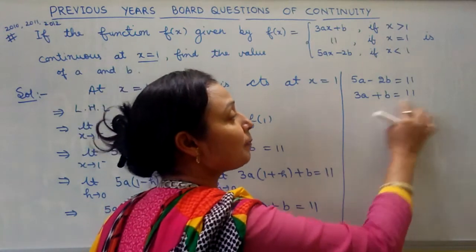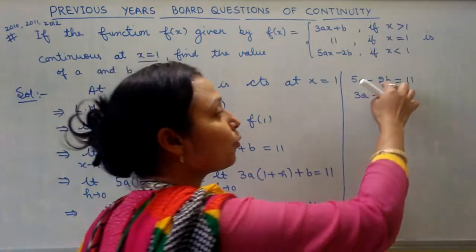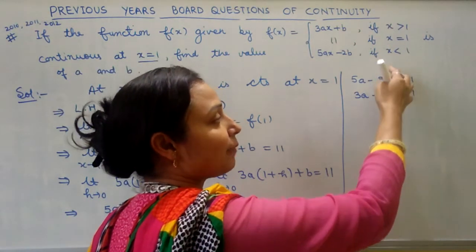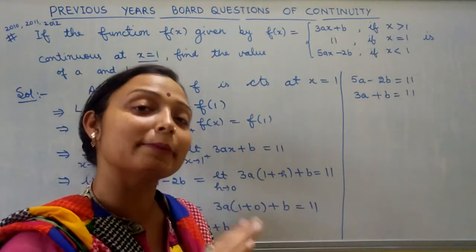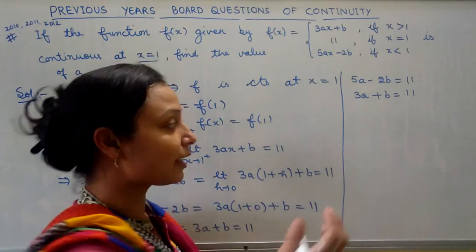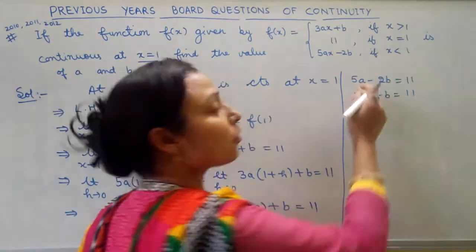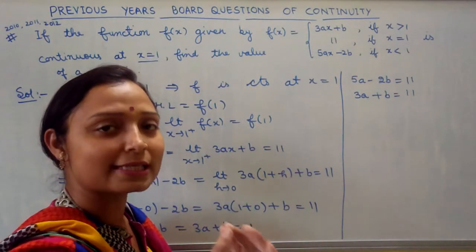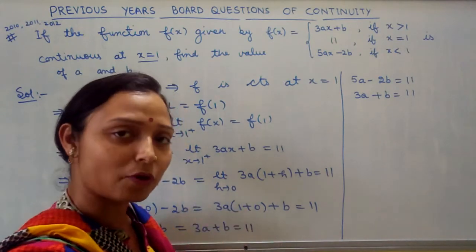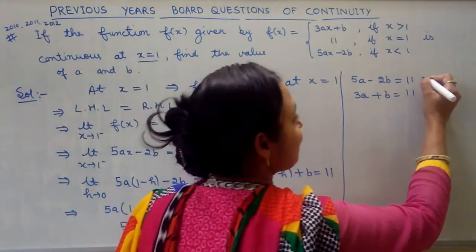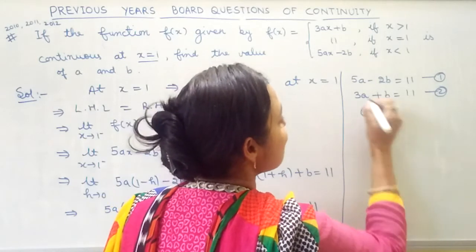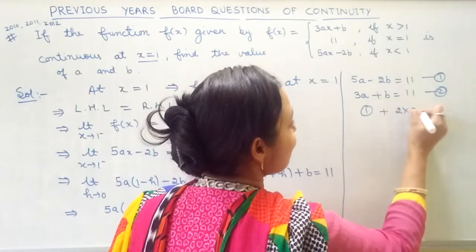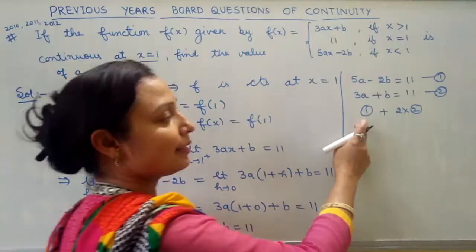We need to multiply the second by 2 so that the coefficients of b become the same and we can cancel one of the variables, a or b. This is the first equation, this is the second equation. Multiply the second equation by 2, then add.